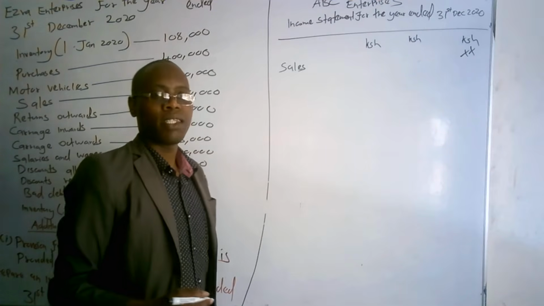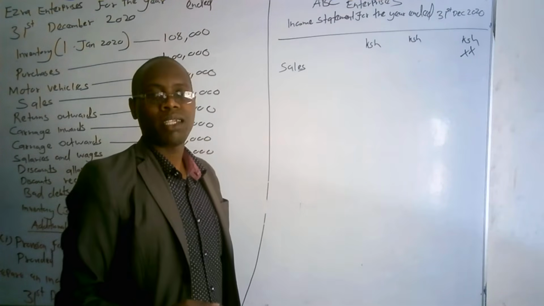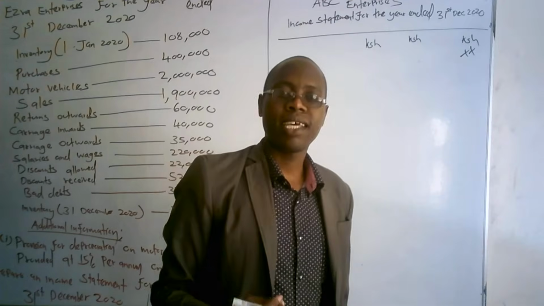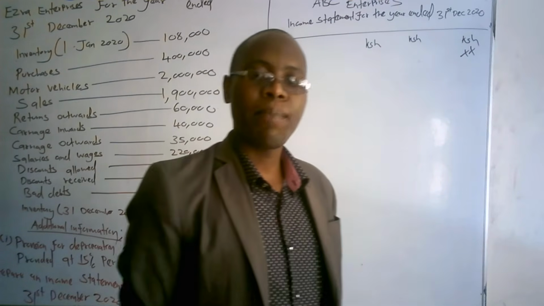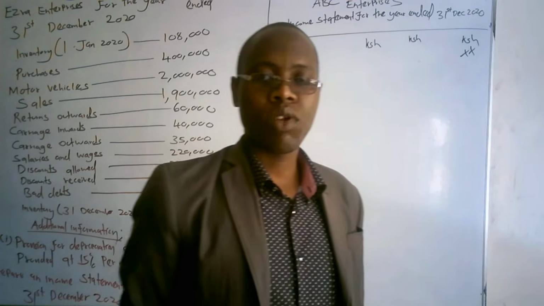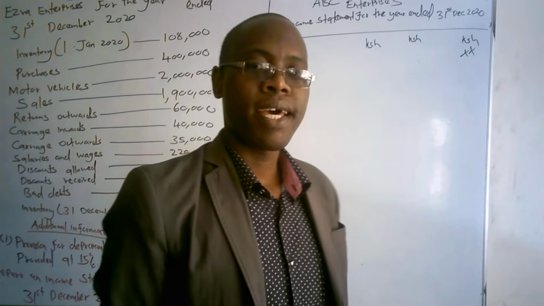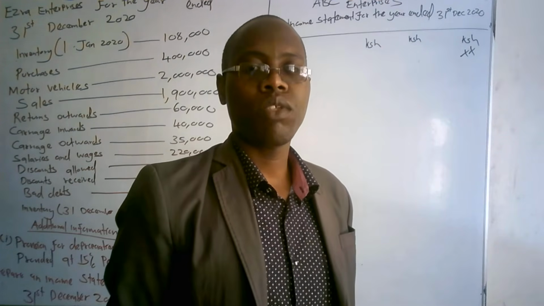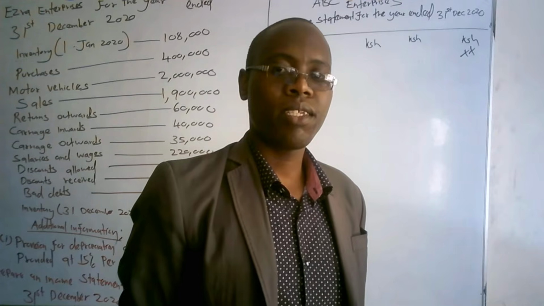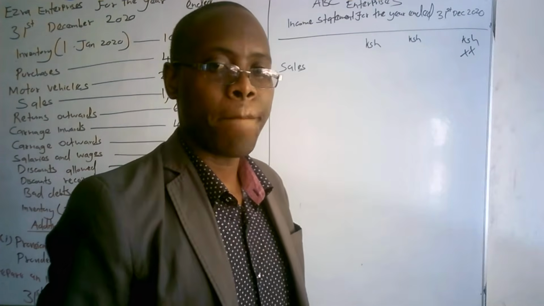And the sales have only one adjustment, and that adjustment is what we call the sales returns. The other name of sales returns is returns inwards. So if you see returns inwards and sales returns, they basically mean the same.